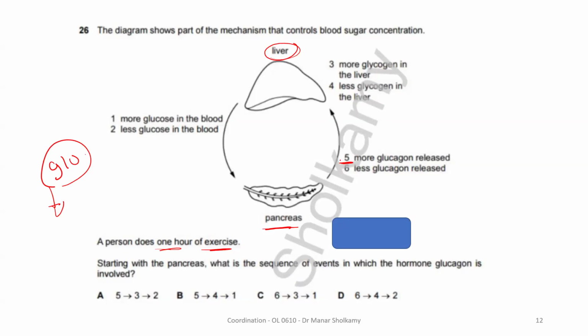Okay, so the answer should be A or B. It should not be C or D, because if you understand the question, you'll find the answer very easy. Now, A says 5 followed by 3 followed by 2. Let's see. 5, more glucagon is released. Okay. 3, more glycogen in the liver. Is this correct? More glycogen or less glycogen? Less glycogen.